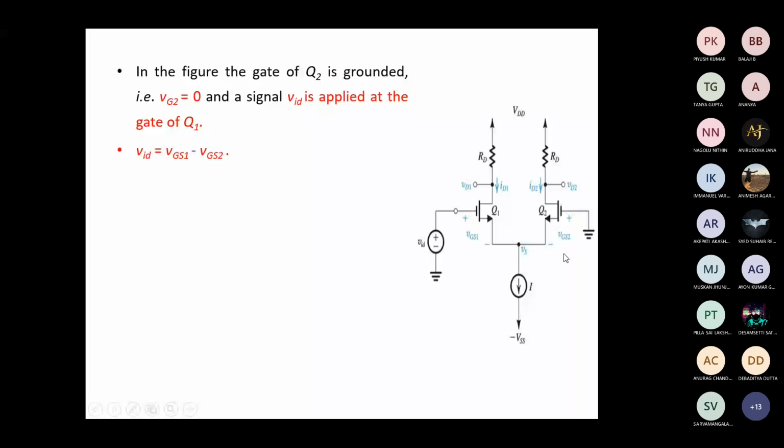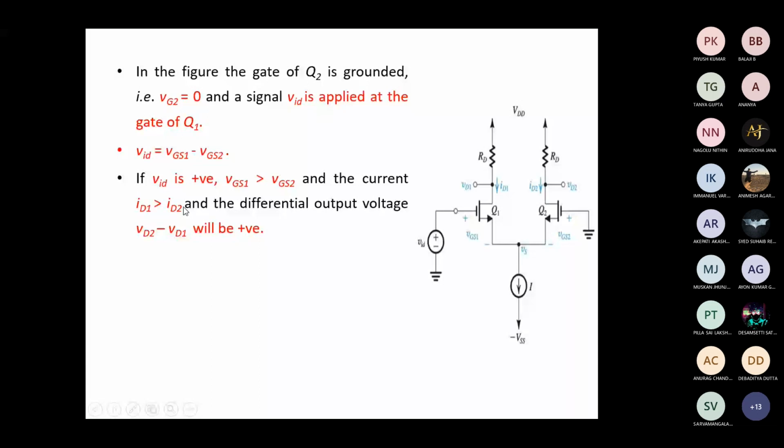Now let us see the scenario when VID will be positive. When VID is positive, VGS1 will be greater than VGS2, and the current ID1 will be greater than ID2.